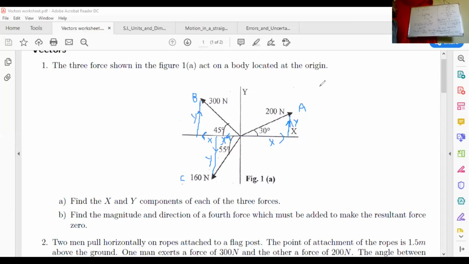Right? So your fourth vector would be 223 newtons, acting 54.1 degrees away from your horizontal. Or you can write away from 130.8 newtons.